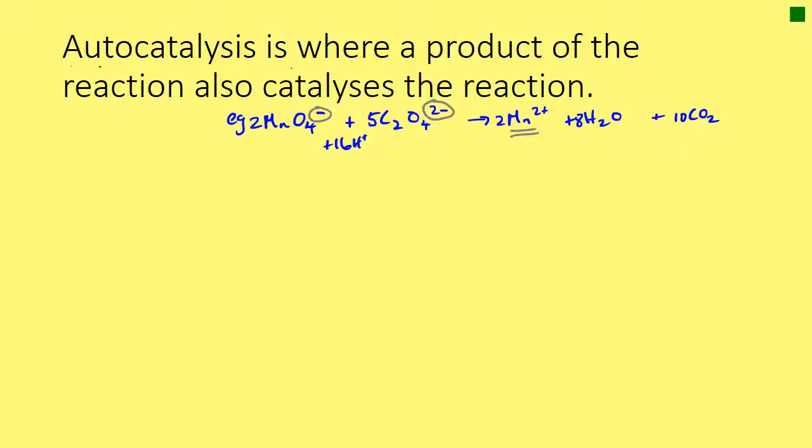So here's step 1 of the alternative reaction pathway. I'll do that in purple, I think. Step 1 would be when we've got some manganese 2 plus ions, and they're going to react with some manganate ions.